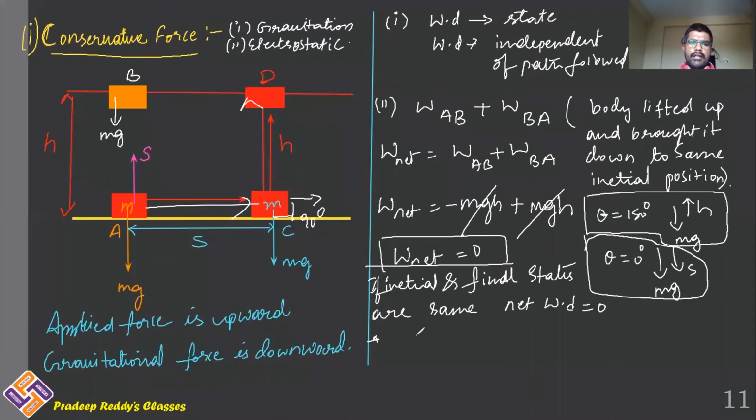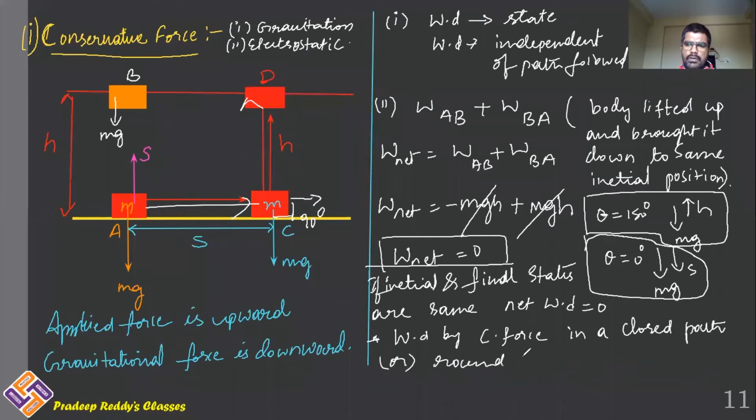Clearly you can now understand that work done by conservative force in a closed path or round path, or you can call it round trip.